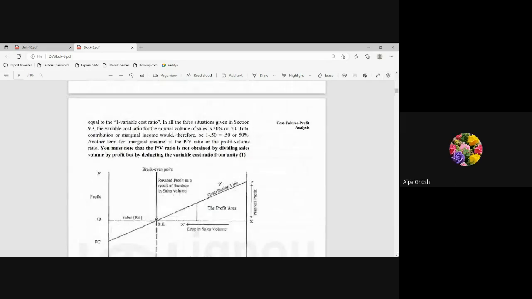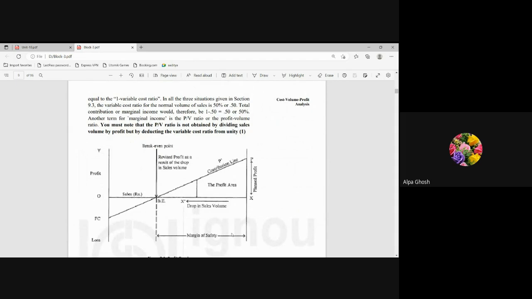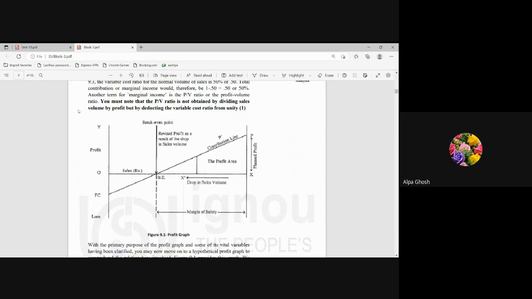What I said is this is the depiction of the graph, y-axis and x-axis. As you can see here, the upper portion is the profit, and here it is the loss. So when we talk about any change, if it is a profit, of course, it will move up. So this is the break-even point. Break-even point is where your sales is equal to your cost.